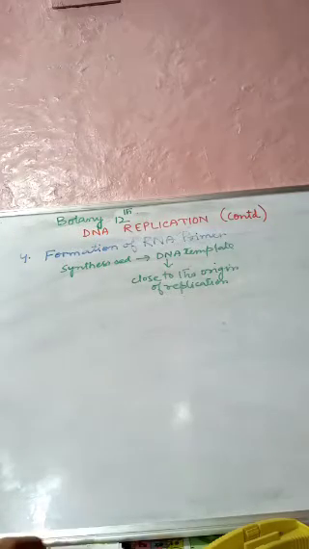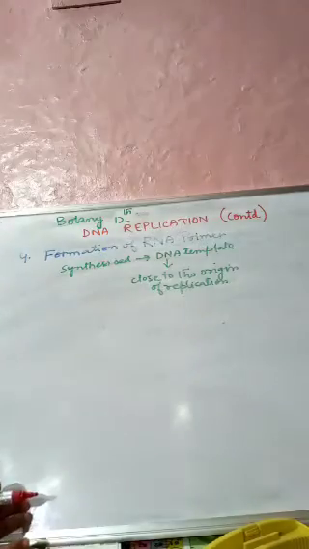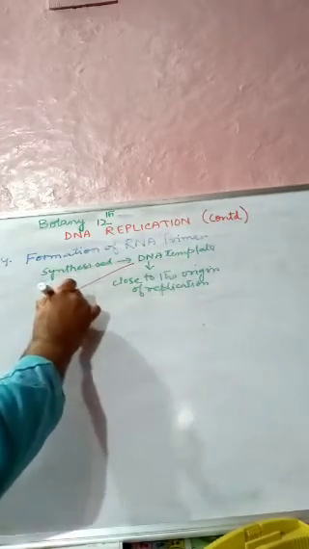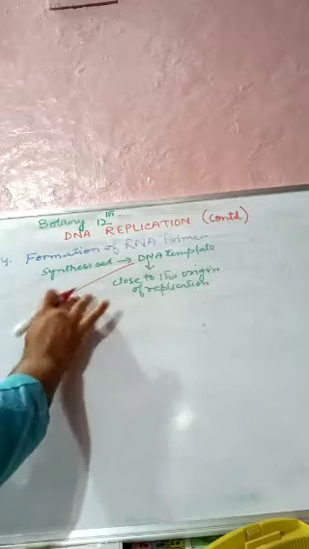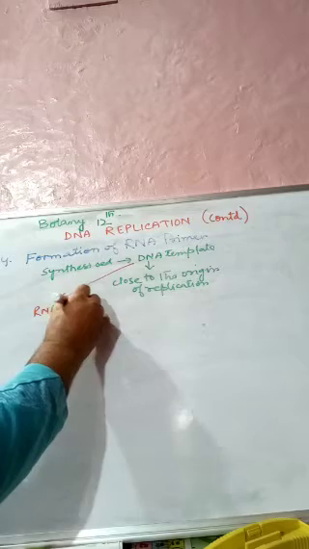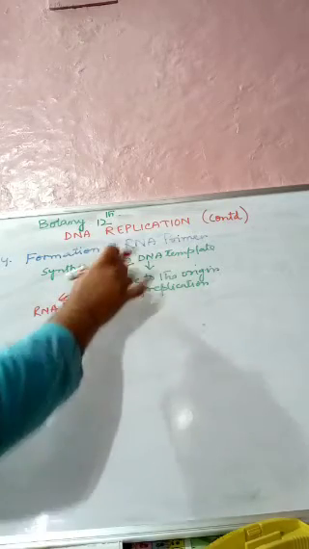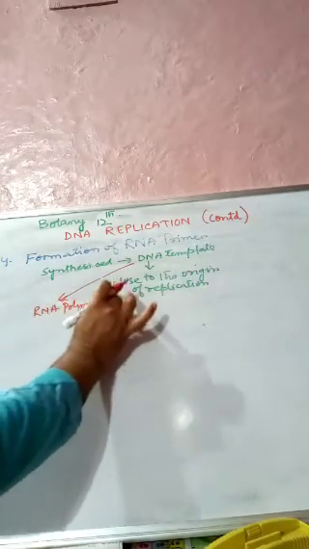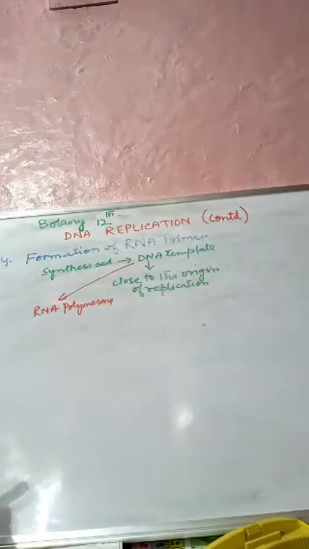So what I have said is that initiation of DNA synthesis requires a DNA template and RNA primer. The primer is synthesized by the DNA template, which is very close to the origin of replication. The synthesis is catalyzed by a special enzyme called RNA polymerase.